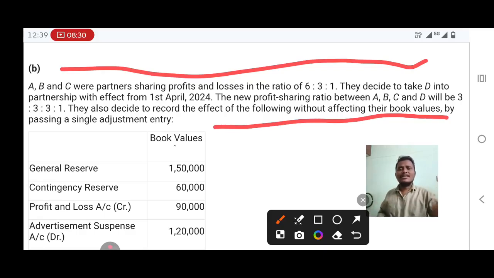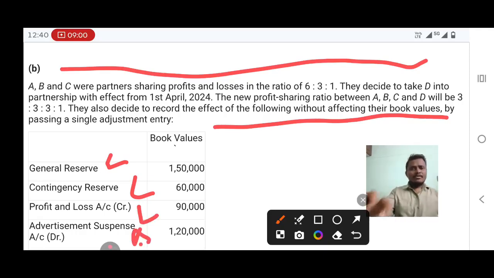Okay, very easy. See, in this type of sum, I would like to tell you, first of all, identify what are all the items that will be shown on the liability side and what are all the items that will be shown on the asset side of the balance sheet. See, general reserve is liability, contingency reserve liability, profit and loss account credit liability, advertisement suspense account is asset.